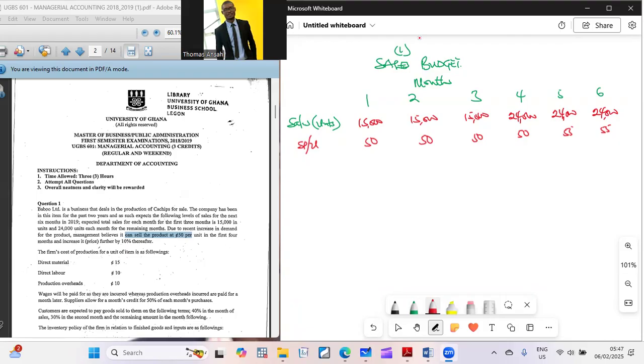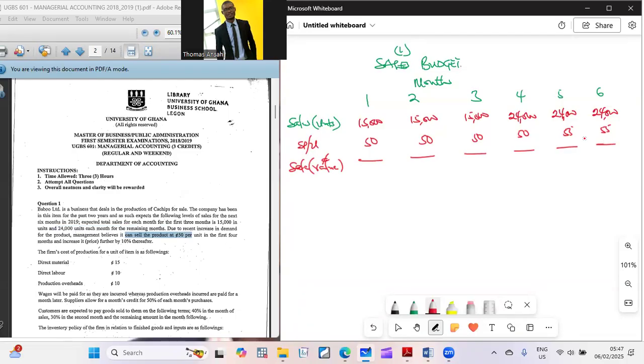Okay. So now, what will be the sales figures in terms of what we've just projected? What you will do is just multiply, because sales units multiplied by the price gives you your sales in value. So you just write sales in value. And if it is Ghana cedis, just let us know it is Ghana cedis. So now, when you multiply each and every one of them, you get your total.